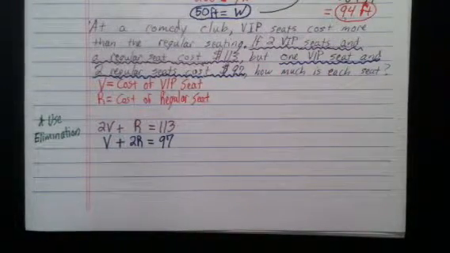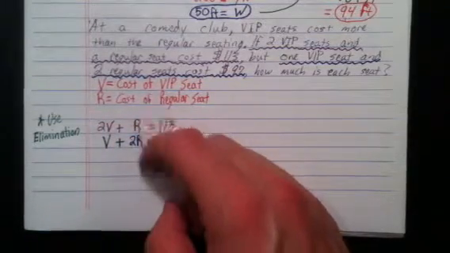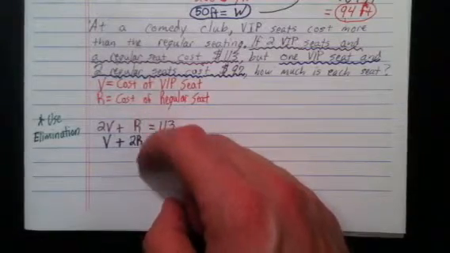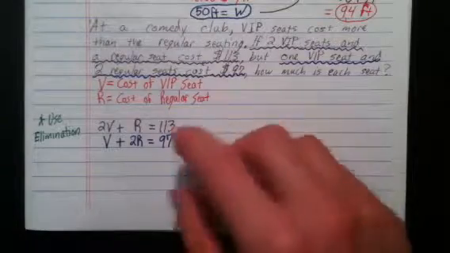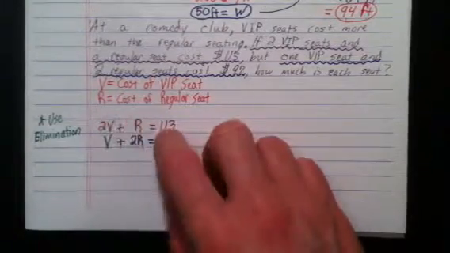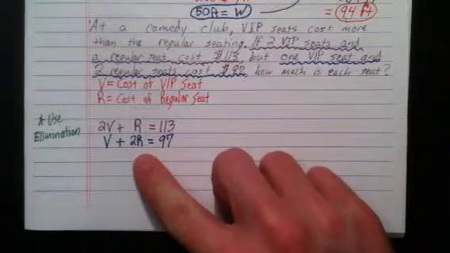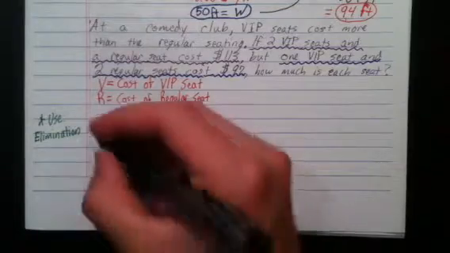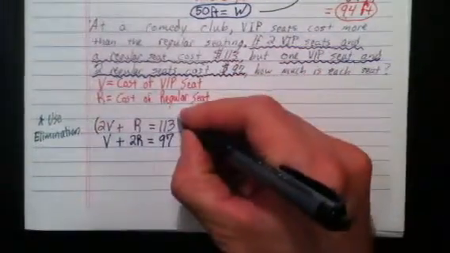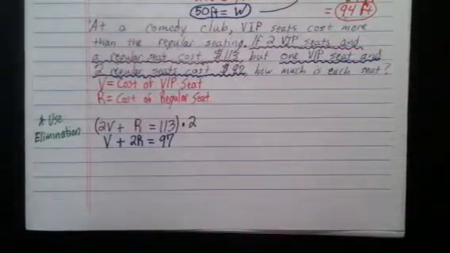Okay. So in order to do elimination, we need either the V terms to equal each other or be opposites of each other, or we would need the R's to match each other exactly or be opposites. So what I think I'm going to do is multiply this top equation by 2 to make this become a 2R, so then it matches the 2R in the bottom equation. Okay.